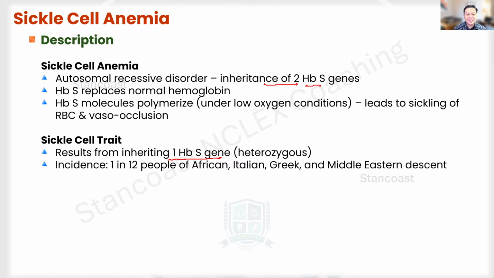It can really affect the person. They can manifest so many symptoms. But with the sickle cell trait, the person can possibly live a normal, healthy life. They don't even know that they have it unless they get tested. However, the person with sickle cell trait can pass the gene to their children.